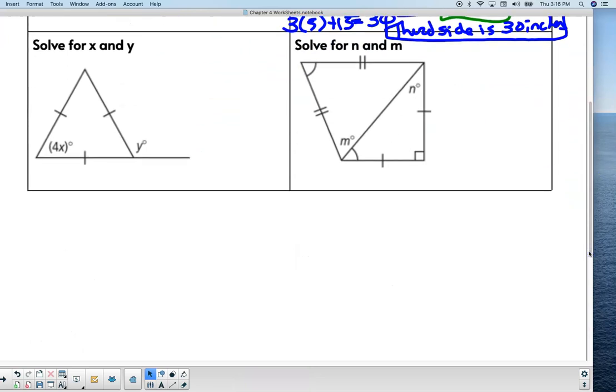Now, I have an equilateral triangle, okay? I know that 4x plus 4x plus 4x, all these are the same because in equilateral triangles, the angles are the same as well. They're all the same. Equilateral, equiangular.